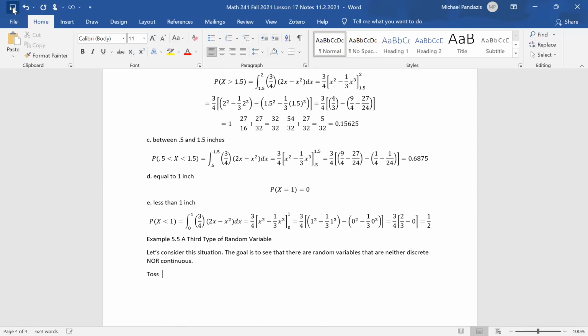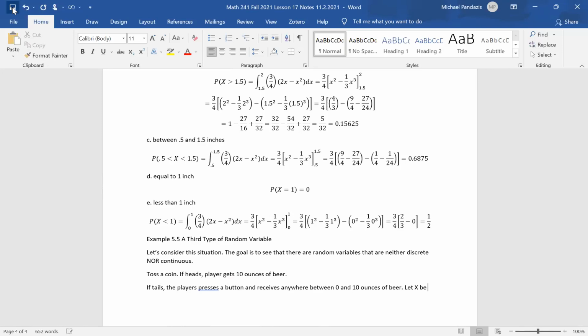Toss a coin. If heads, the player gets 10 ounces of beer. If tails, the player presses a button and receives anywhere between 0 and 10 ounces of beer.